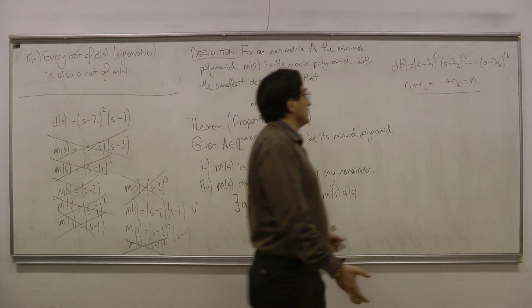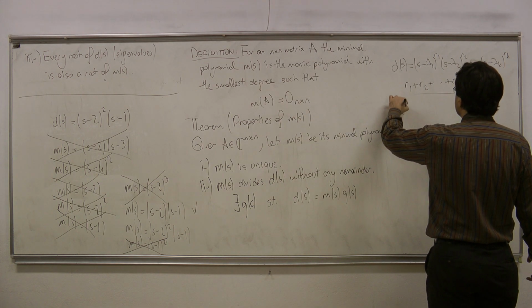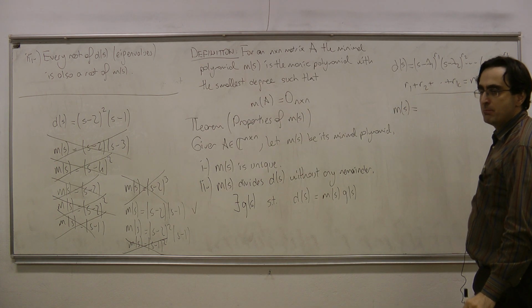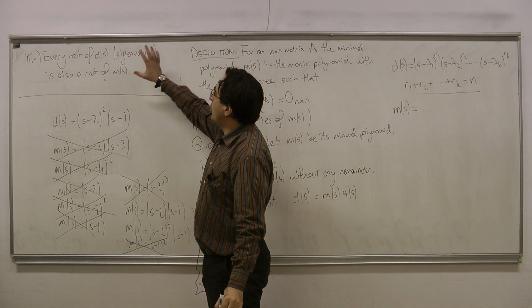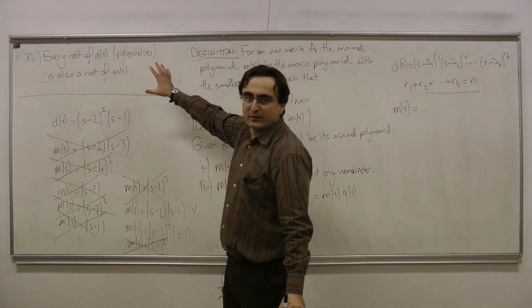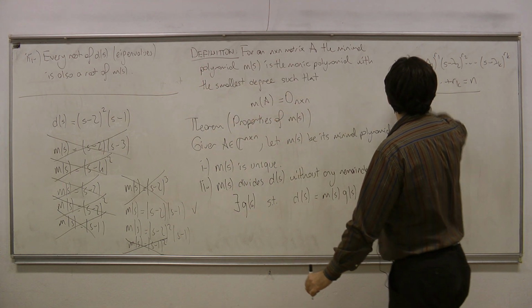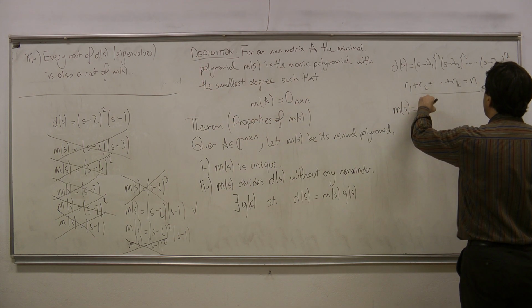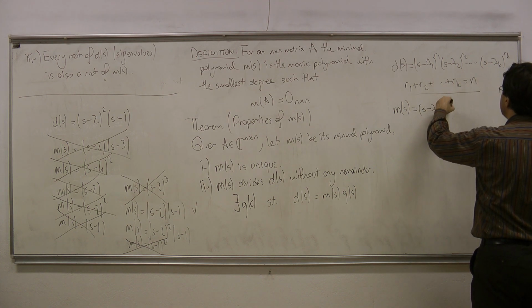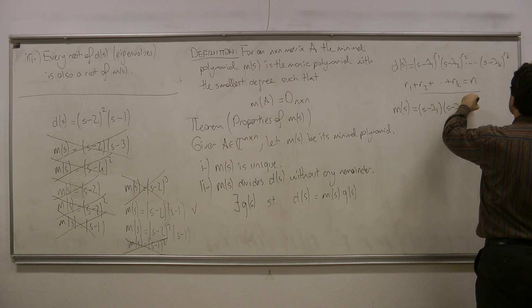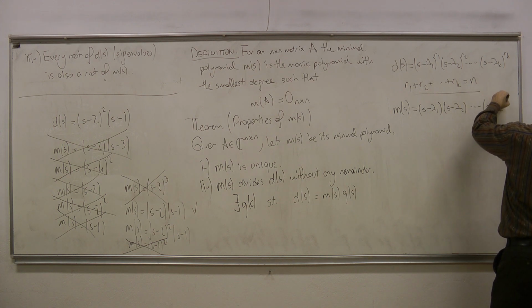Now, what does the minimal polynomial look like? M of s can be, I know by the third property here, all roots of d of s have to be a root of m of s. Therefore, I need to replicate all of these eigenvalue terms here, s minus lambda 1, s minus lambda 2, going until s minus lambda k.